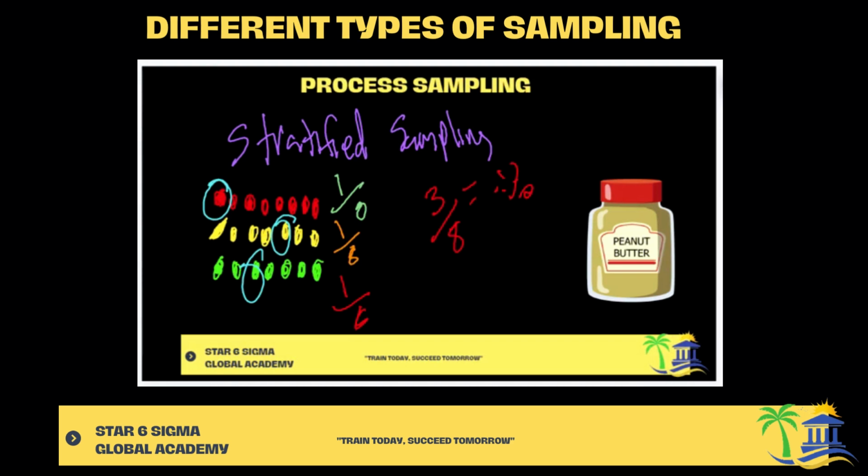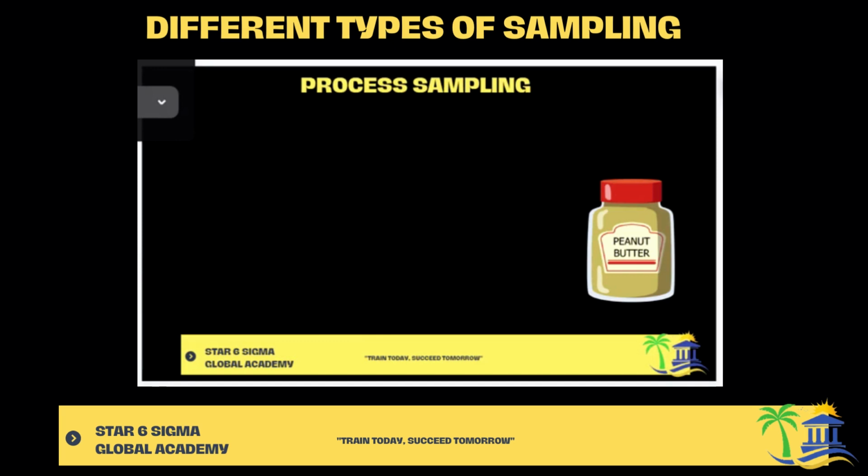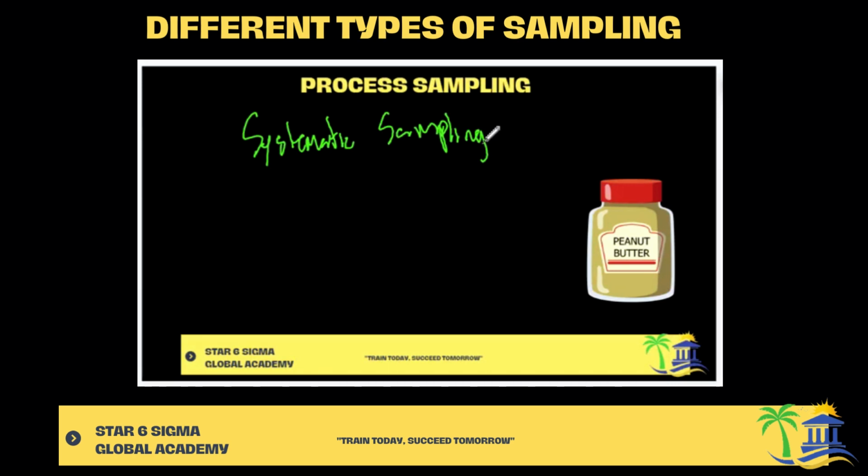The next one that I want to talk about is called systematic sampling. This is saying that you're selecting every, let's say, nth.